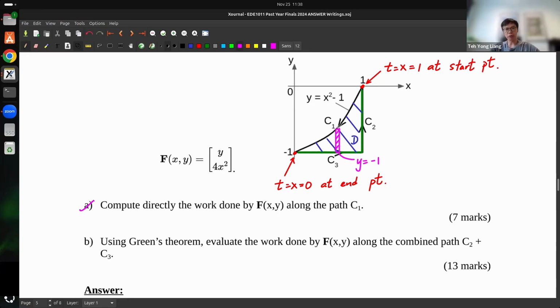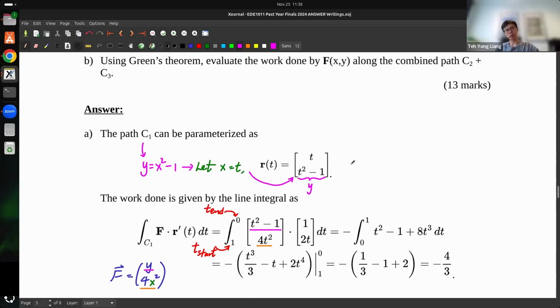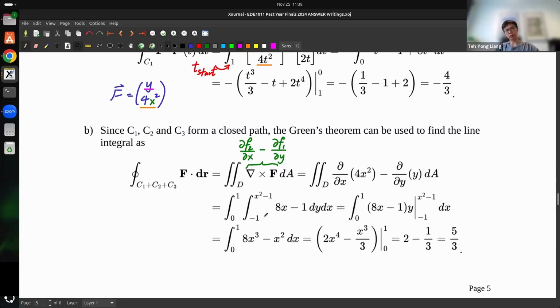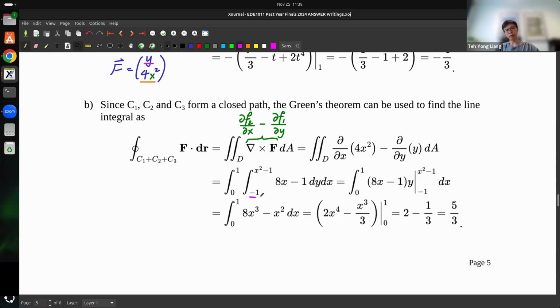But upper bound is just y equals to x squared minus 1. So that means my lower limit for the integral with respect to y must be minus 1, and then upper limit must be x squared minus 1. So this is why I have written here. Is that okay? You see? Okay, minus 1 to x squared minus 1.